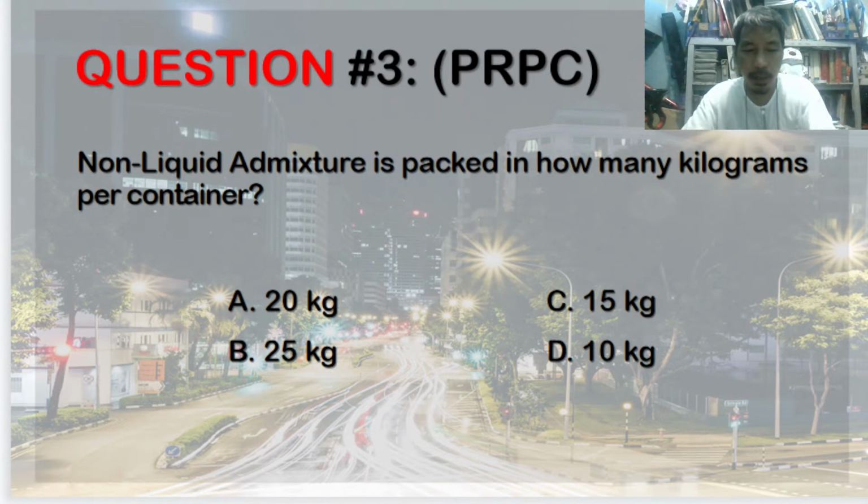How many kilograms per container? Letter A, 20 kilograms. Letter B, 25 kilograms. Letter C, 15 kilograms. Letter D, 10 kilograms. So, powdered admixture is 25 kilograms per bag.